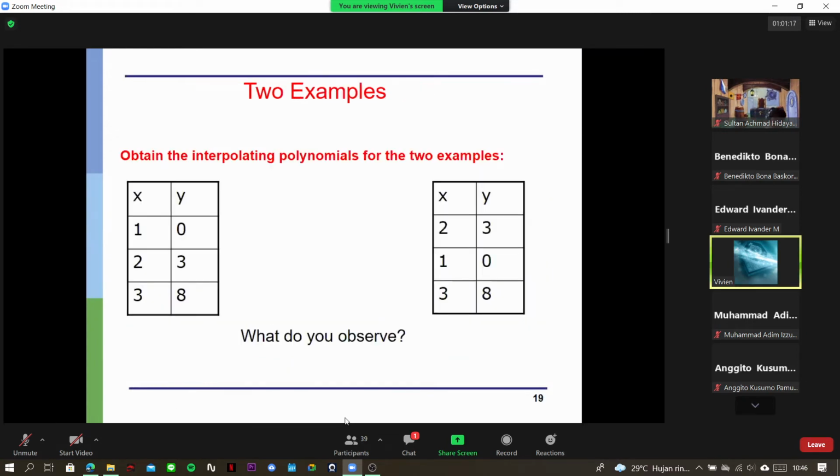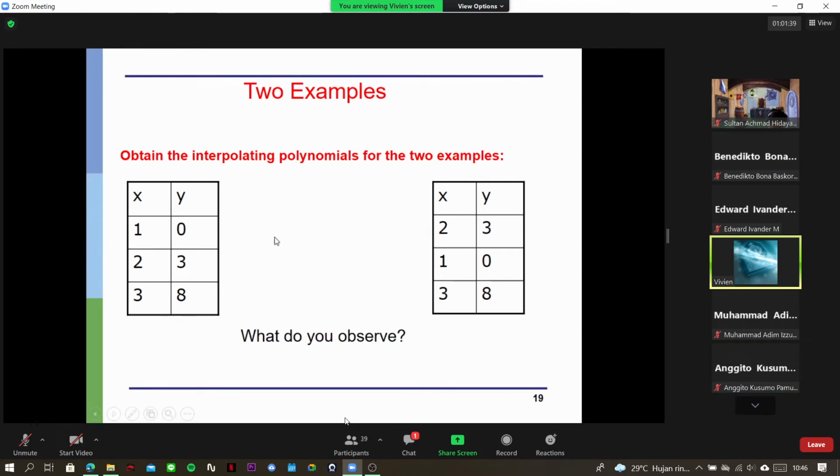Now we want to compare between these two data sets, which are actually the same. If we look here, we have exactly the same data, but the order is different. So what about this? If we have this sort of problem, the result will be the same.